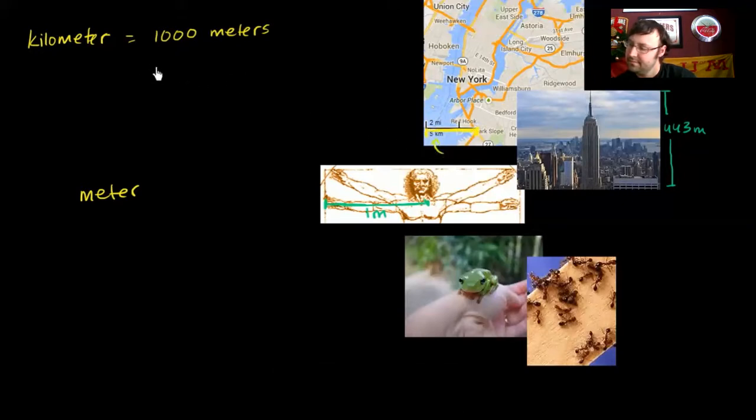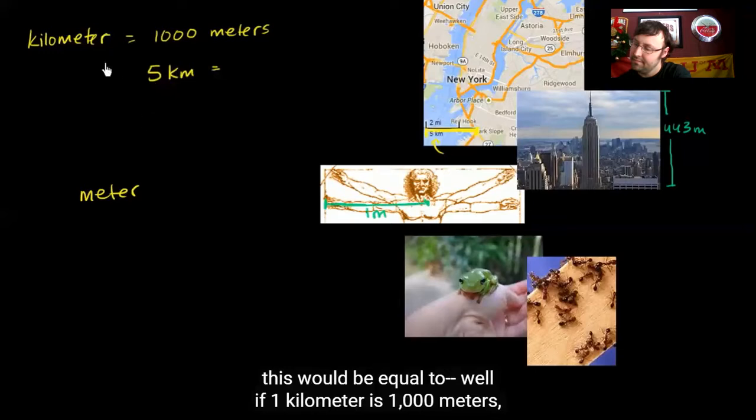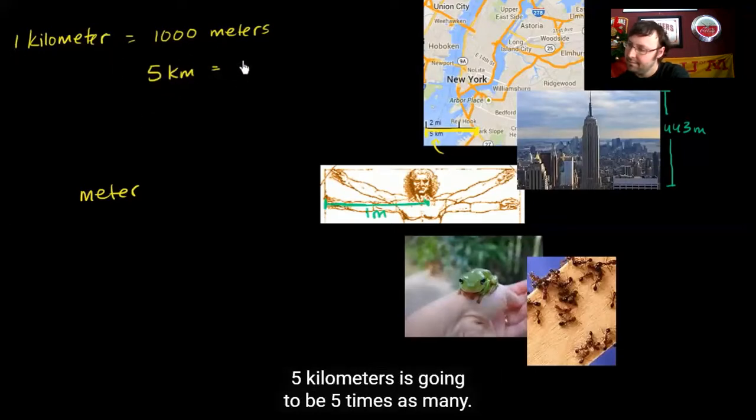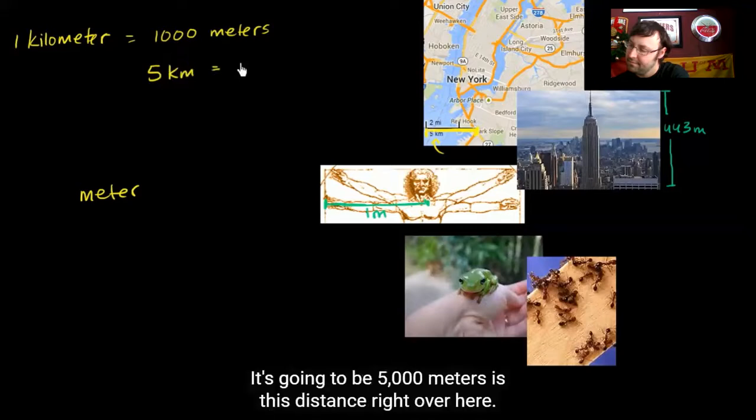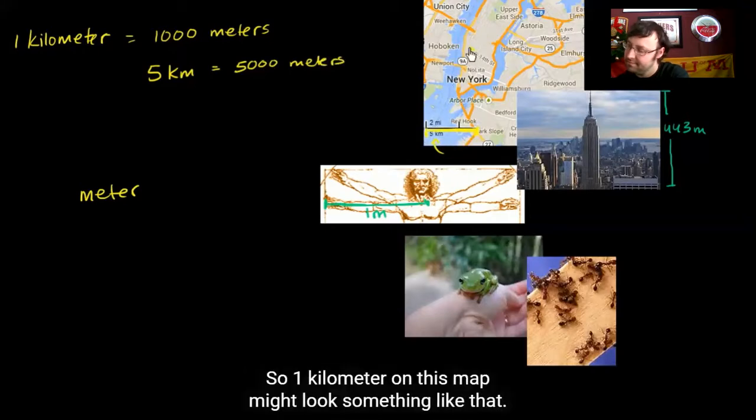So 5 km, this lowercase k, lowercase m is the shorthand for kilometers. This would be equal to, well, if 1 kilometer is 1,000 meters, 5 kilometers is going to be 5 times as many. It's going to be 5,000 meters, this distance right over here. If you were to try to imagine 1 kilometer, it would be 1/5 of that. So 1 kilometer on this map might look something like that.